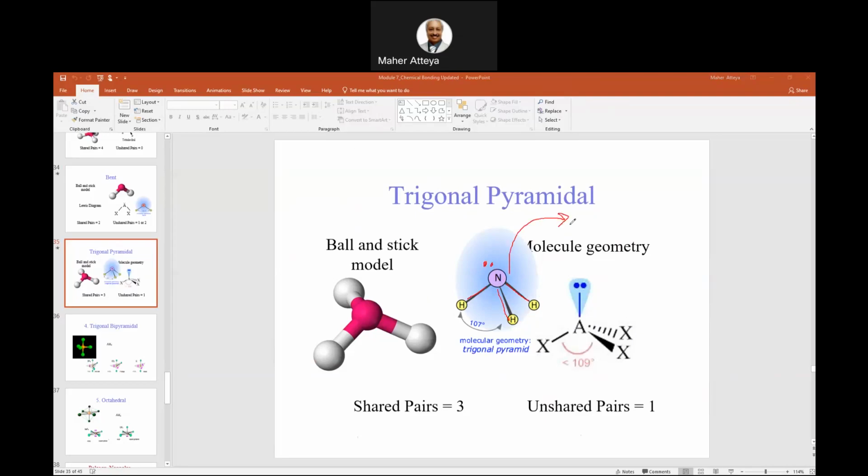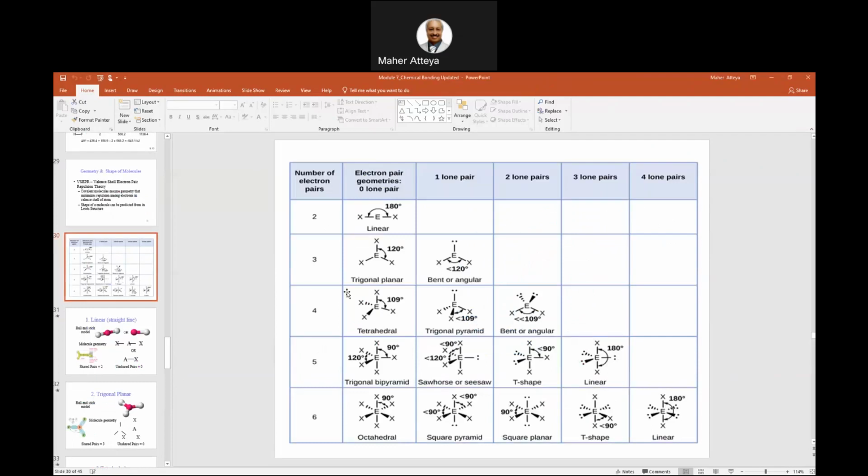So this one here, I can recognize this one here. With the code, E is the central atom, nitrogen. So E, and how many X? How many terminal atoms? I have 3 hydrogens. And how many lone pairs? 1. EX3L1. So that will be trigonal pyramid, but I have to verify it by going back to my table. I have EX3, correct?